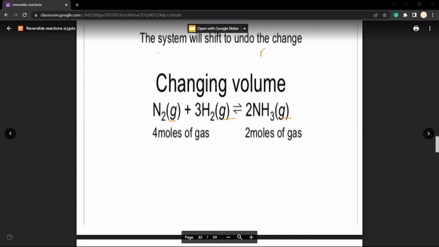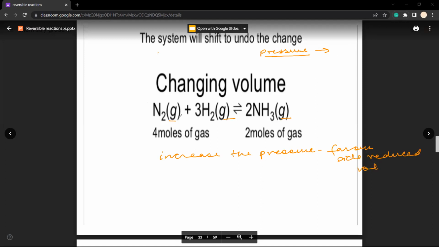Then definitely, if pressure is applied, it is going to shift the reaction. Now, how? For example, if I increase the pressure, as we have learned in the previous slide, it is going to favor the side with reduced volume, right? Reduced volume.